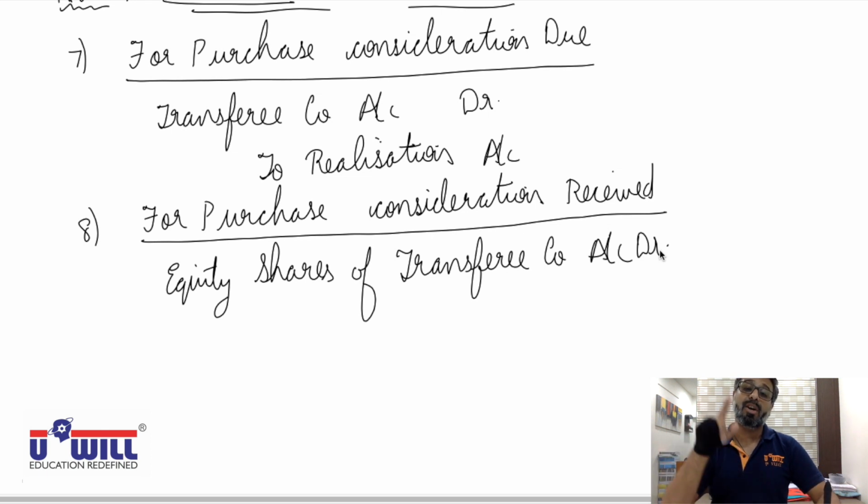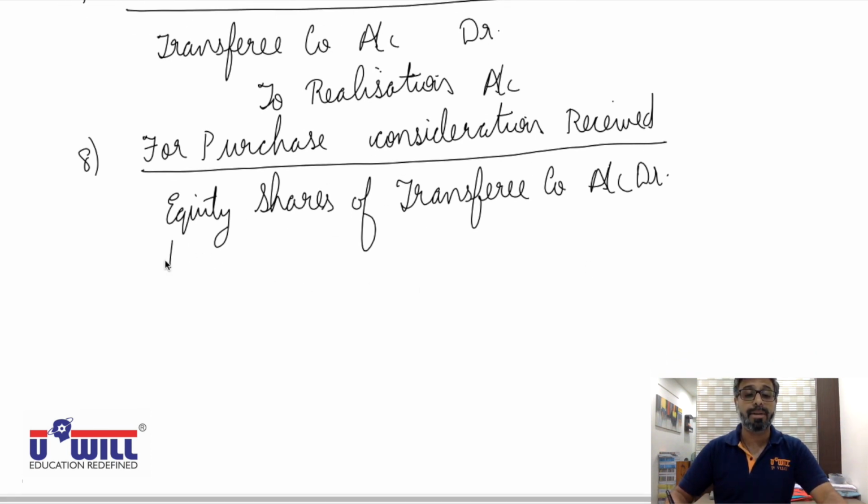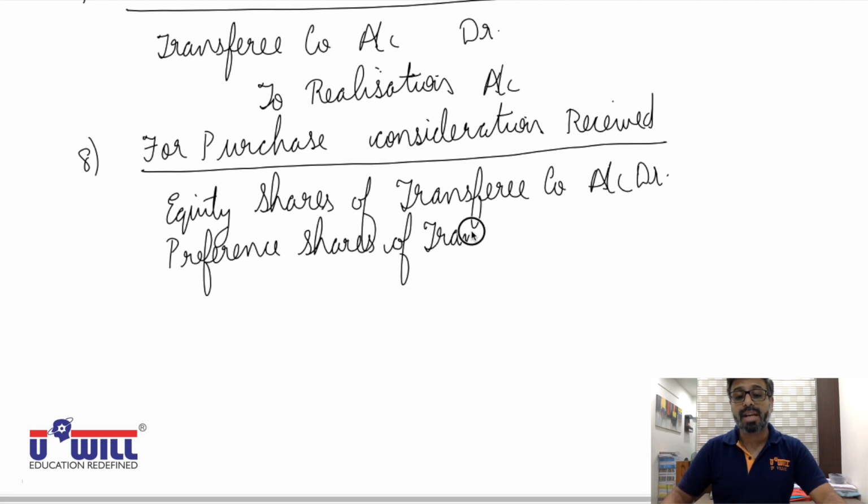So it's a capital for transferee company which is giving the shares. Transferor company is receiving it. It's like an investment. For them it is not share capital. It is simply equity shares of transferee company account debit. Same way, if preference shares are received, then preference shares come in, debit what comes in, preference shares of transferee company account debit.